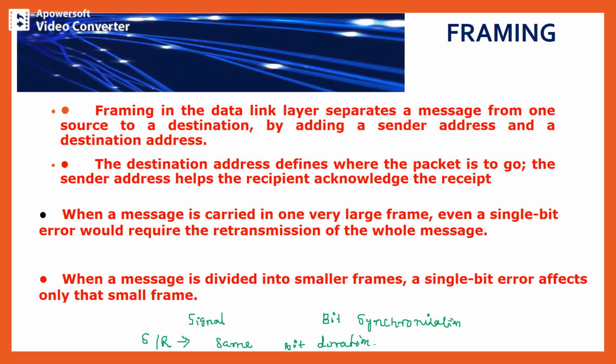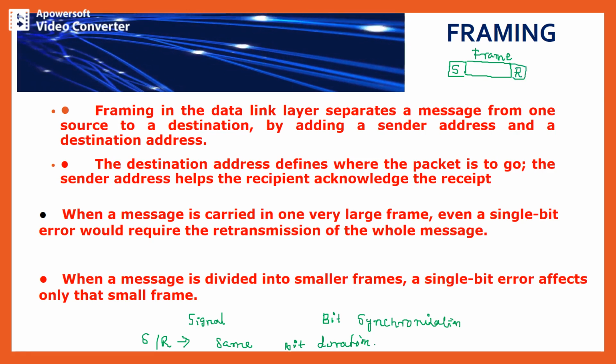But in the case of the data link layer, which packs the bits within a single unit, the data or information will be packed within a single unit, and that unit we can call a frame. Framing in the data link layer separates the message from one source to a destination by adding the sender address and the receiver address to the respective frame.